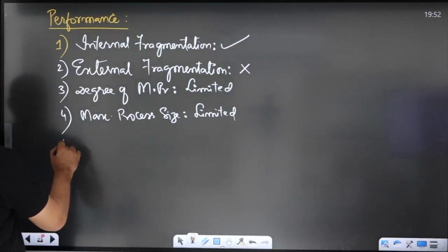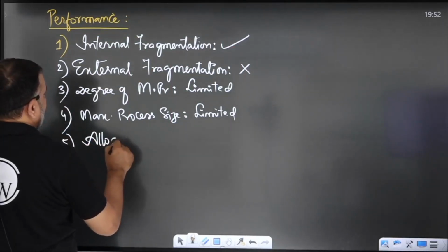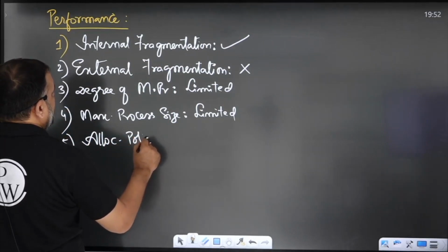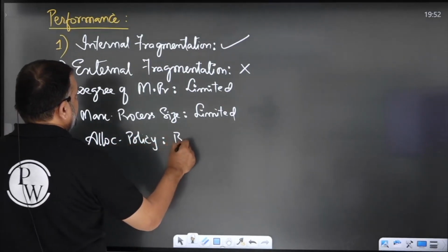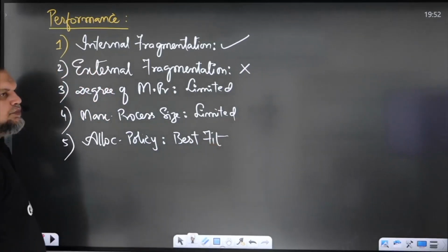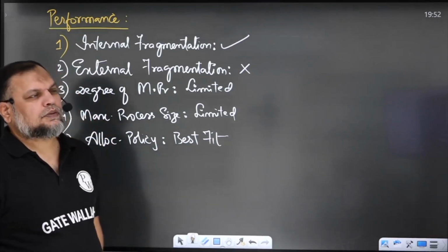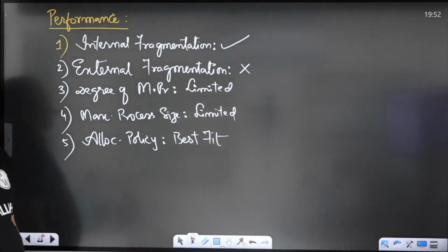These are limitations. Then which allocation policy is superior or better? Which one will perform better? Best fit. Best fit is superior because of less internal fragmentation. Is everything okay? Performance?